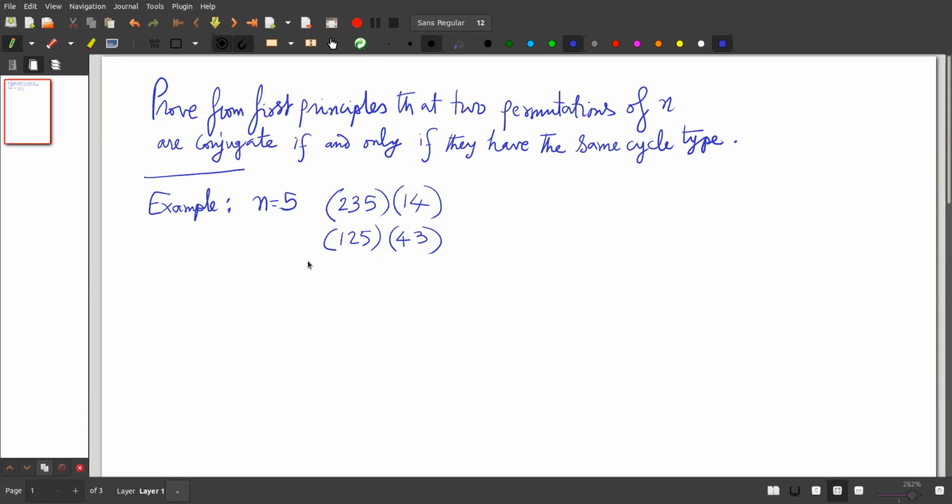And secondly, the converse: if two permutations are conjugate, then they must have the same cycle type. I guess we all know this statement. We are familiar with this. We sort of use it. But what is the proof? That is the question. How to prove this?